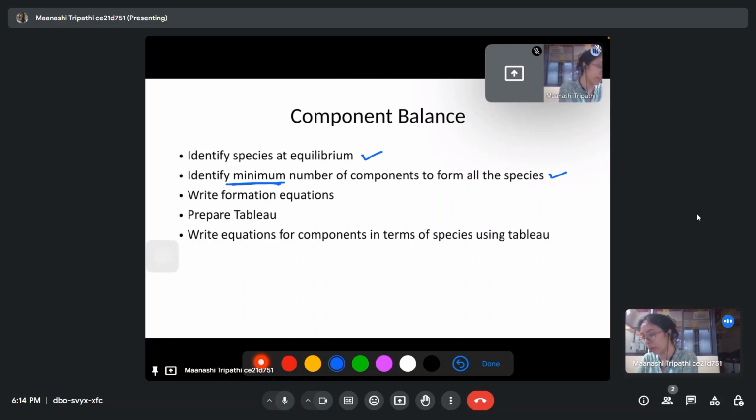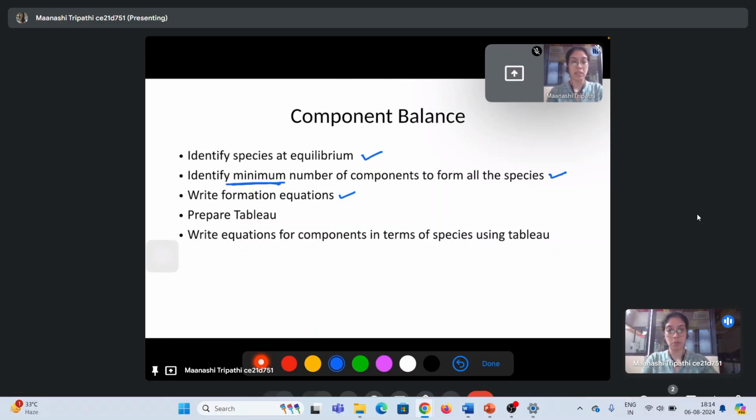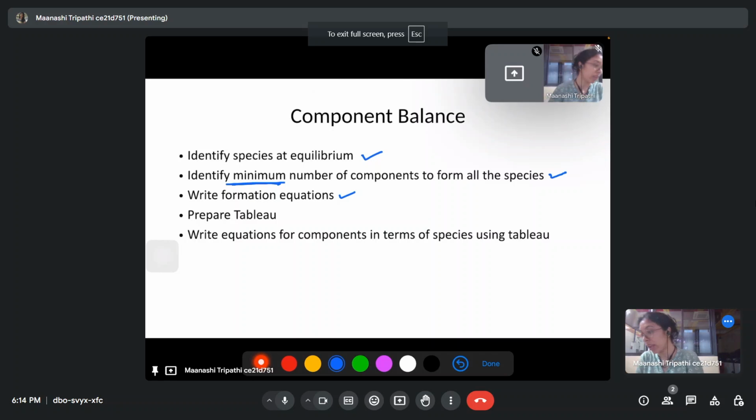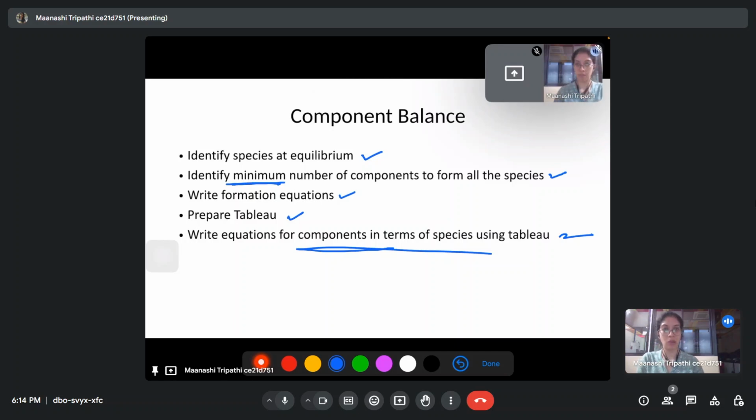Then we have to write the formation equation, using the components that we have selected for identifying the species. We will prepare W after that, and from this W we will write the equations for components in terms of species. We will see an example with this.